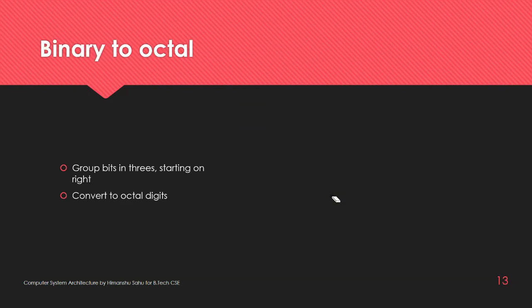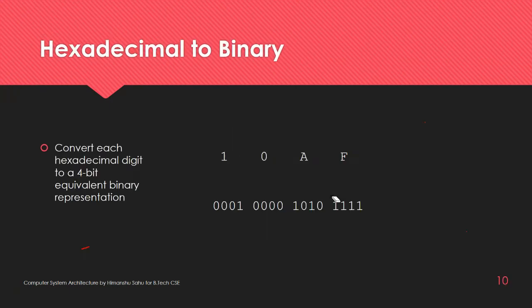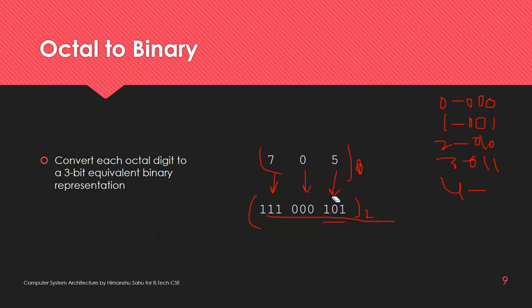Okay, so now coming to binary to octal conversion. We have seen that when converting from octal to binary, each octal symbol is converted into 3 binary bits.